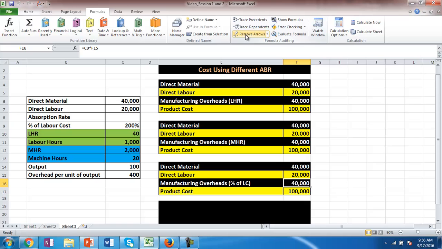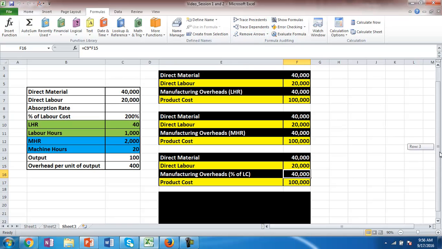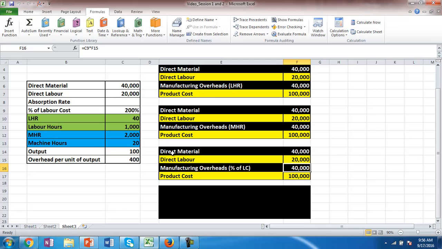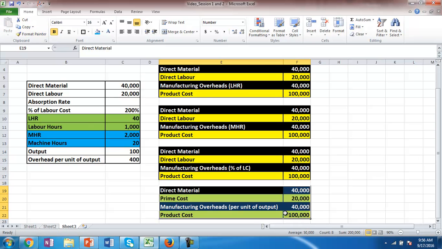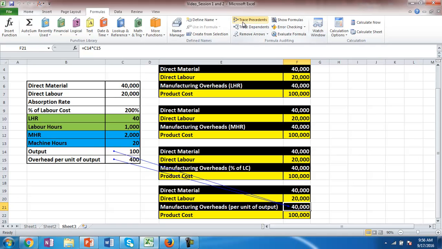Therefore, the product cost is 100,000, which consists of material, labor, and manufacturing overheads. Let us also find the absorbed overheads on the basis of per unit of output. The rate per unit of output is 400 and output is 100, therefore 40,000.